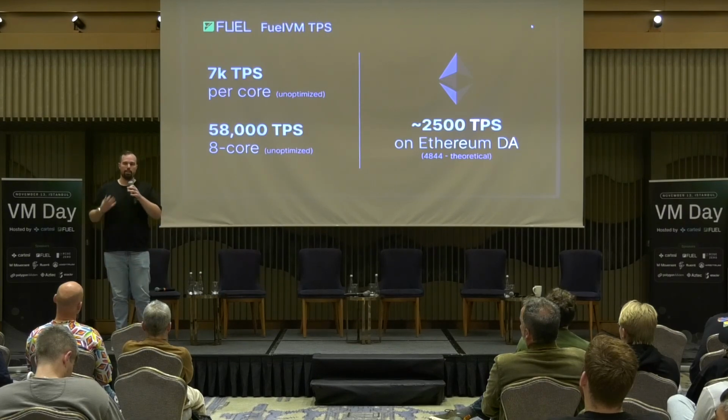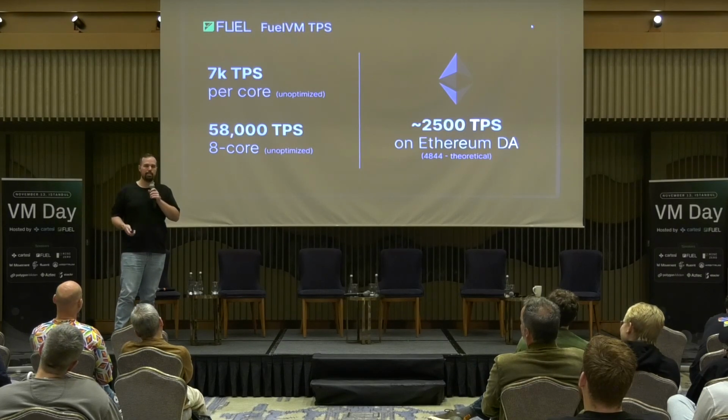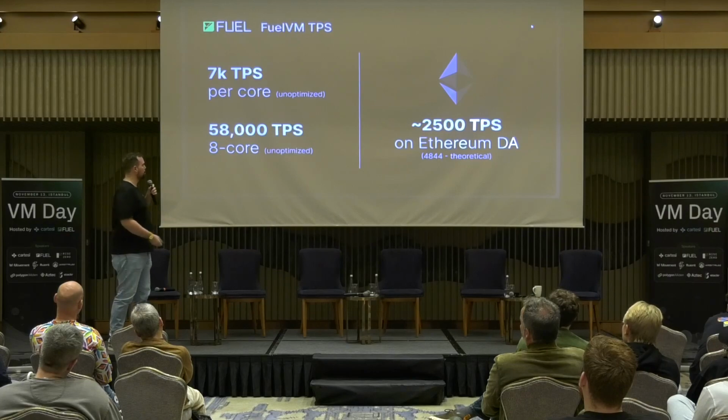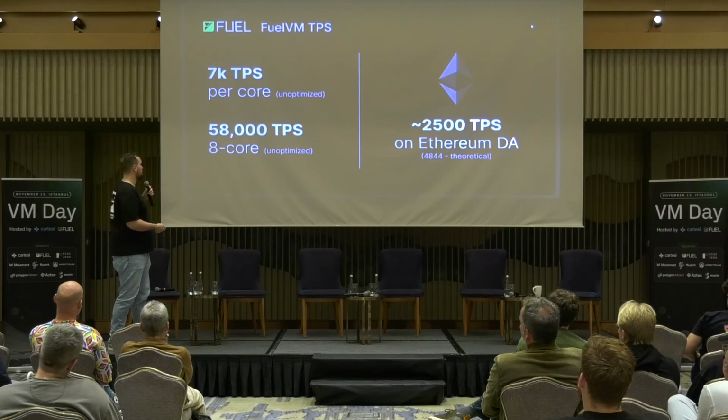So in terms of the results, and I know TPS is a horrible number and we should never really discuss it, but everyone asked me for the TPS, so I'm going to give you the TPS. The way to think about this is, per core right now on an unoptimized node that we have, we can verify about 7,000 transactions per second. On an 8-core, up to 58,000.